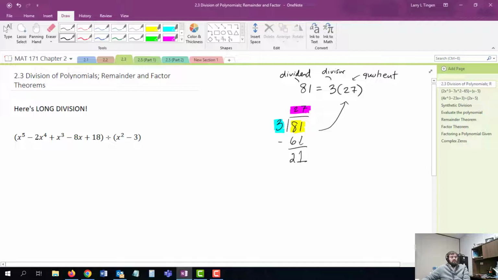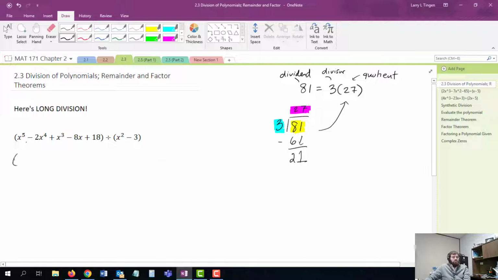I've got x to the 5th minus 2x to the 4th plus x cubed minus 8x plus 18 divided by x squared minus 3. And first thing I have to do is make sure every power of x is represented. Even if there's no term with that power of x, I need to put it in as a placeholder.